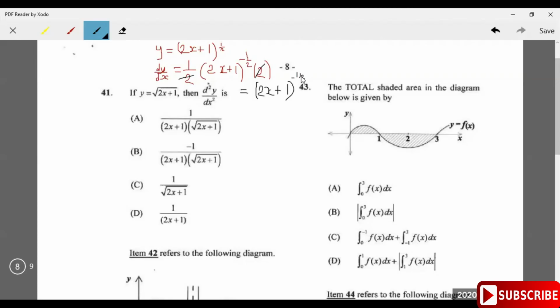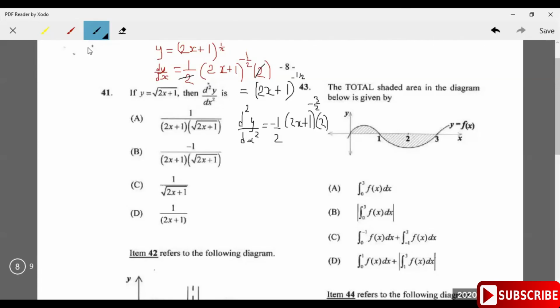So now we need to find d2y by dx squared. That's what they actually want. It's equal to bring down the power, get minus a half, subtract 1 from the power, we get 2x plus 1 to the minus half minus 1, which is minus 3 over 2, times the differential inside the bracket, which is 2.